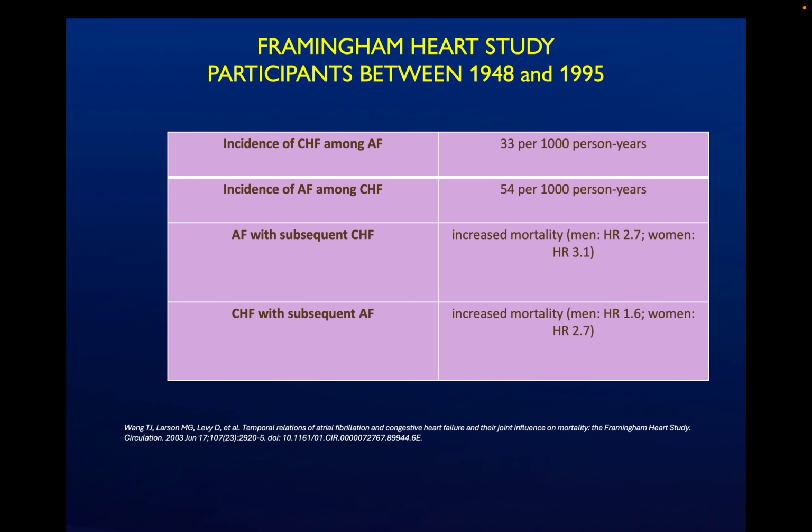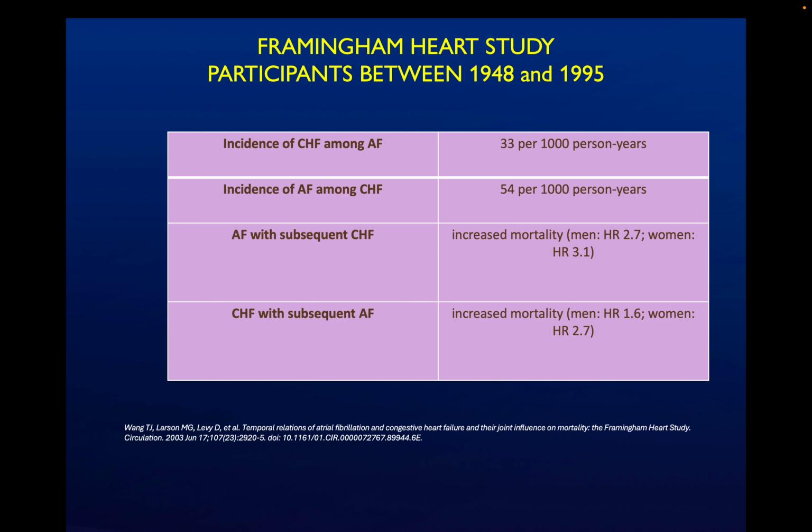In the Framingham Heart Study, with participants between 1948 and 1995, the incidence of heart failure among patients with atrial fibrillation was 33 per 1,000 person years, whereas incidence of AF among those with heart failure was 54 per 1,000 person years. AF subsequently led to heart failure and led to increased mortality with a hazard ratio of 3.1 in women, and hazard ratio of 2.7 in men.